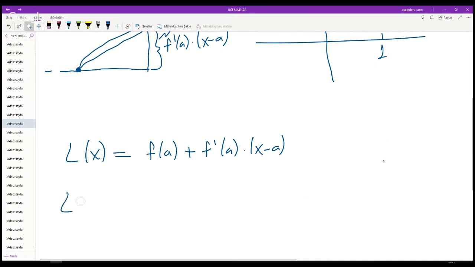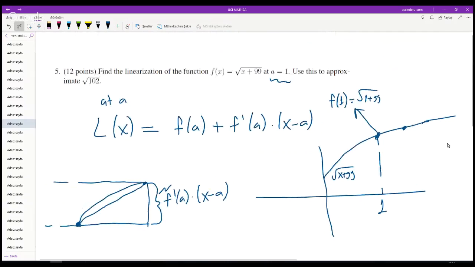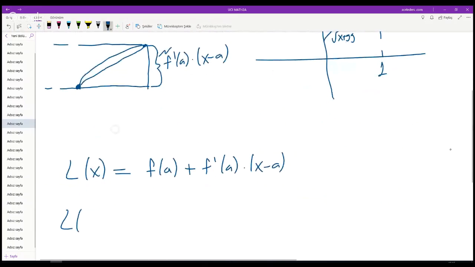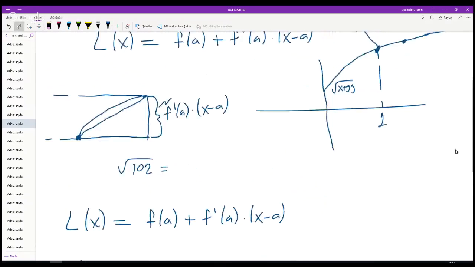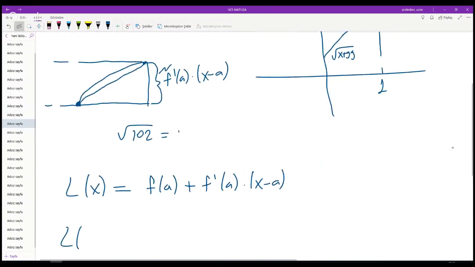So therefore, the linearization, let's say, use this to approximate square root of 102, which is square root of 3 plus 99.